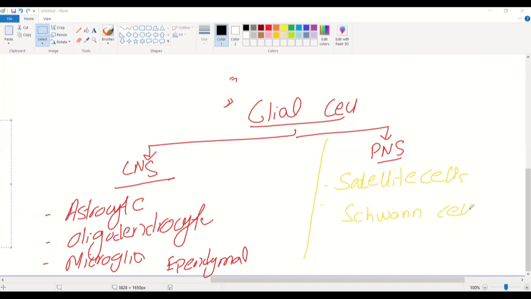Okay. What are the functions of the astrocyte? One high yield function of the astrocyte is that it is a component of the blood-brain barrier.